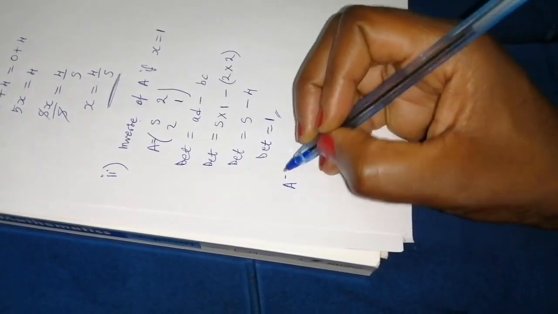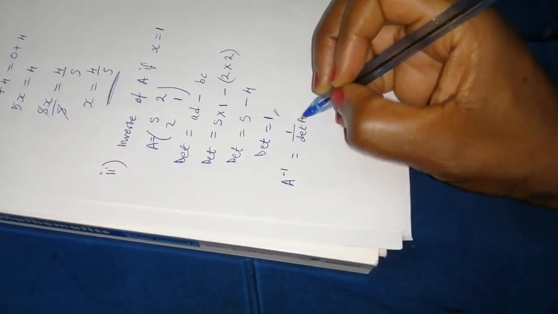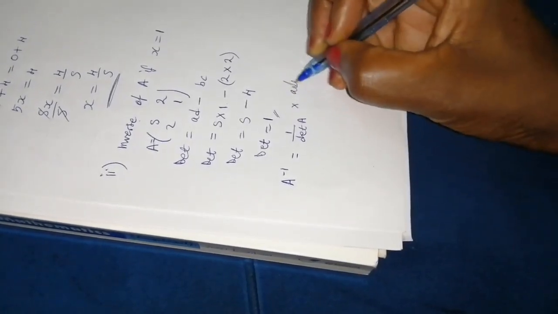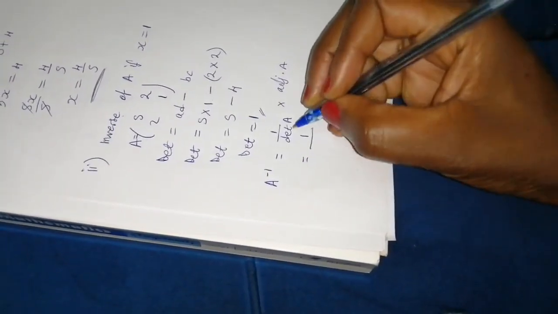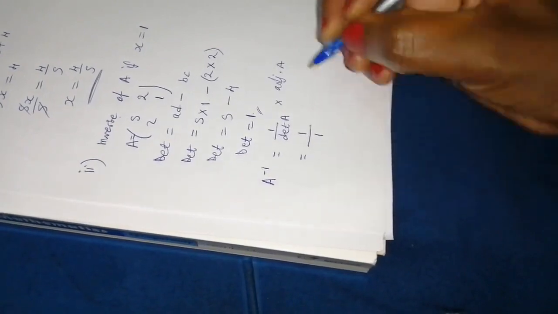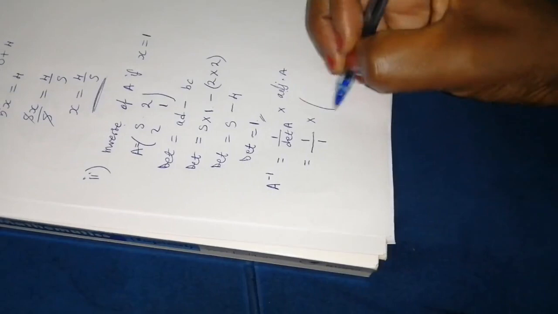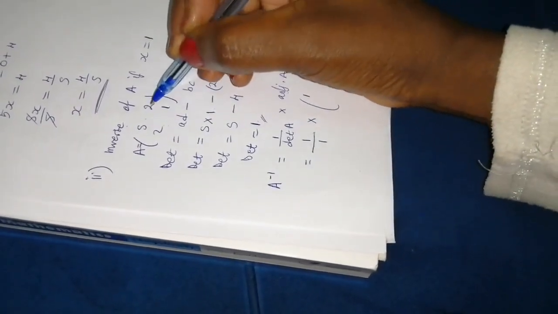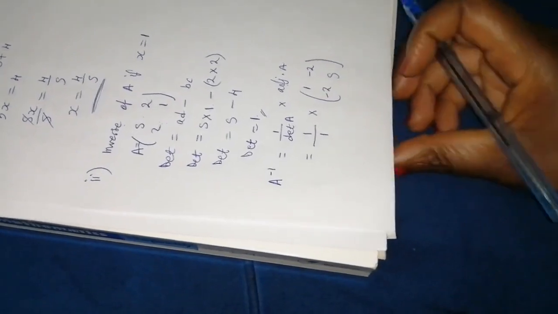So inverse of A is equal to 1 over determinant of A times adjoint of A. Okay, so we have 1 over determinant of A. We found that it's 1 times adjoint of A. We simply swap those numbers. So we have 1 there, 5 there, and change the signs or multiply -1 by these figures. So we have -2 and -2 there.